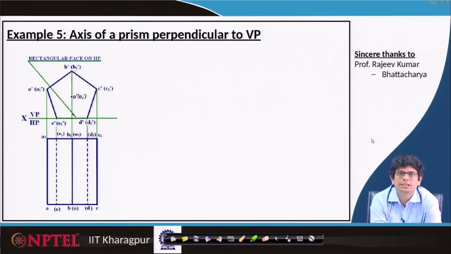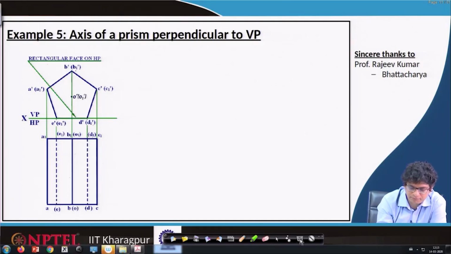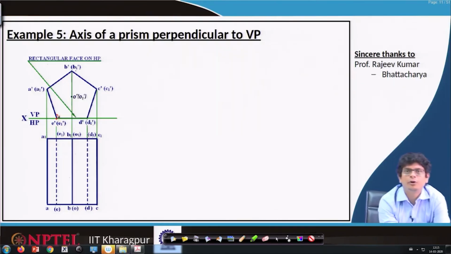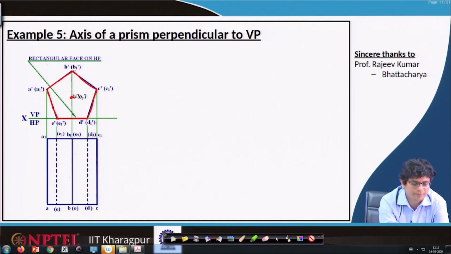For example, let us consider a pentagonal prism. So, axis is perpendicular to vertical plane. That means, when we are looking at the view, the pentagon will be visible only on the vertical plane. And this is one possibility where axis is perpendicular to vertical plane.